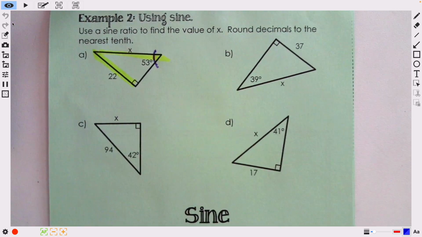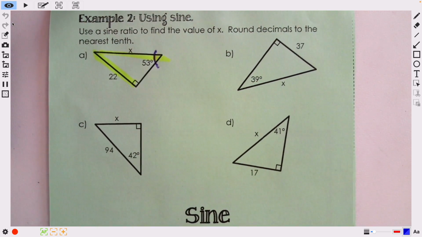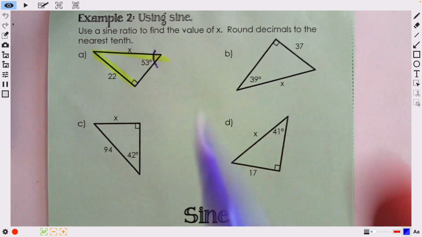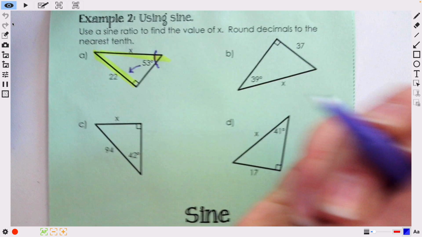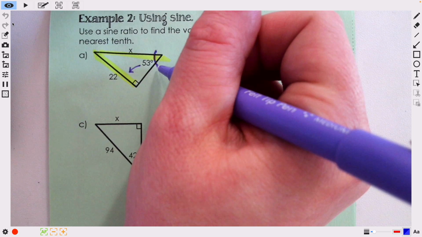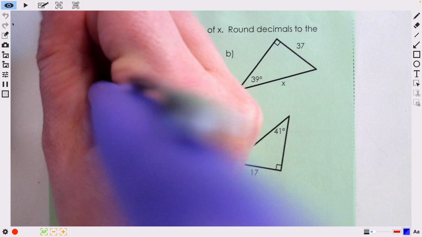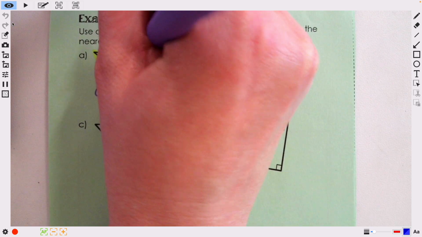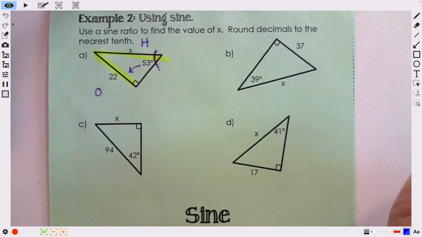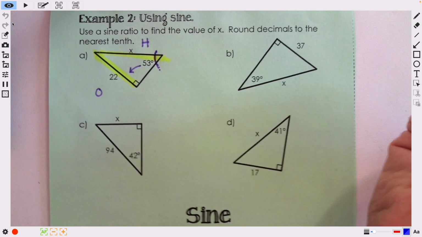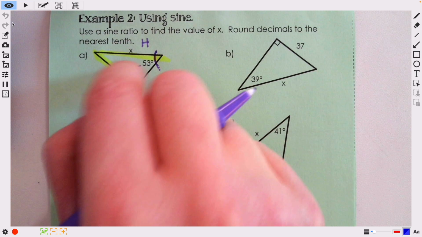And when I say giving you, I mean marking for you. I know we don't actually know the hypotenuse. We're going to find that in a second. But they're marking the hypotenuse for you. And they're marking the opposite side. I know it's the opposite side because it doesn't touch this angle. Okay? So they're giving me the opposite side and the hypotenuse. So I'm going to be able to use the sine ratio to figure out exactly how long this is.